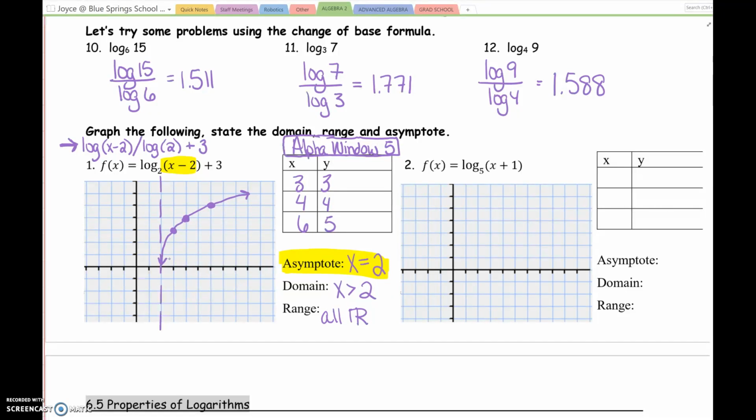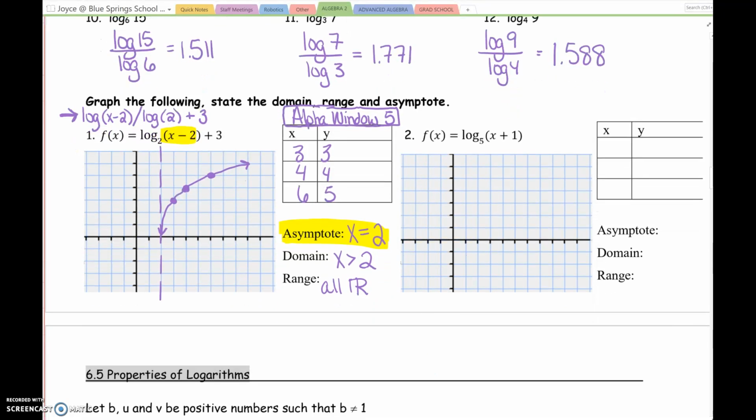All right, I would like you to pause the video and try number 2 on your own. Type it into your calculator, find some points, find the asymptote, the domain, the range, and get it on the graph. Okay, personally, I like to do the asymptote and start the domain and the range before I do anything else. So I notice that in the parentheses it says +1.